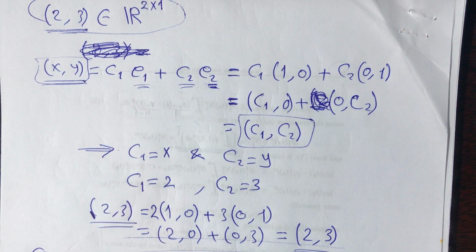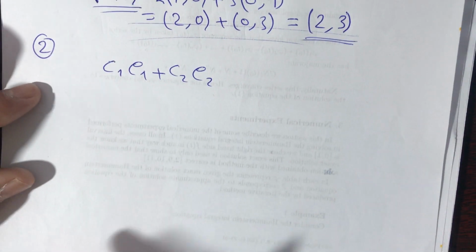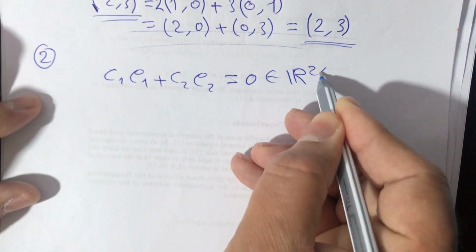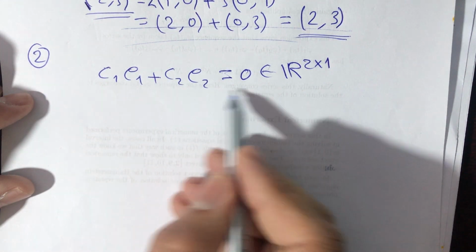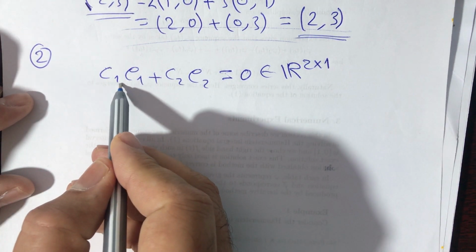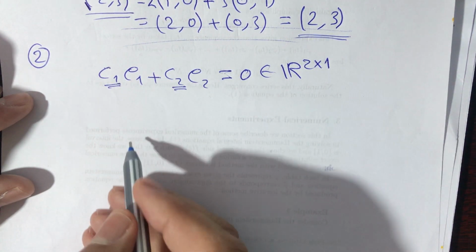This is C1 E1 plus C2 E2, and make it equal to 0, where 0 belongs to R2 times 1. Here I have to prove that C1 is 0 and C2 is 0 if this is equal to 0.